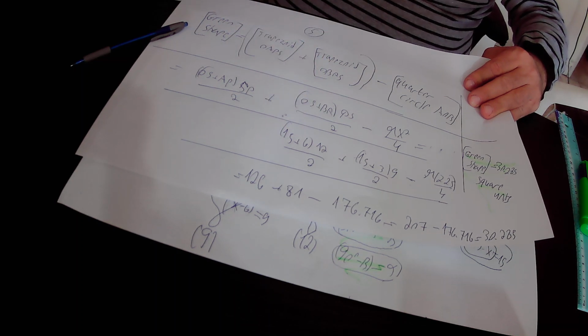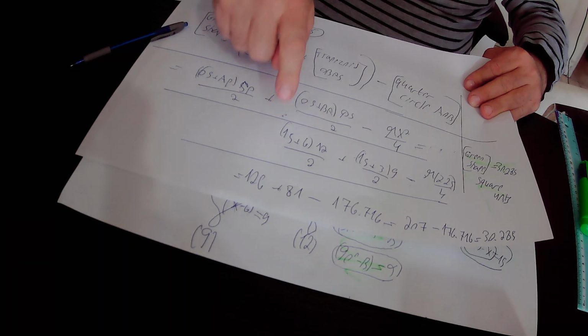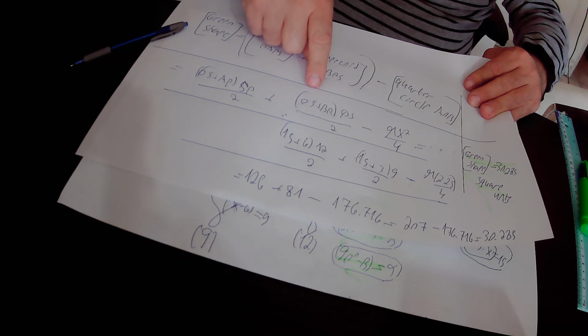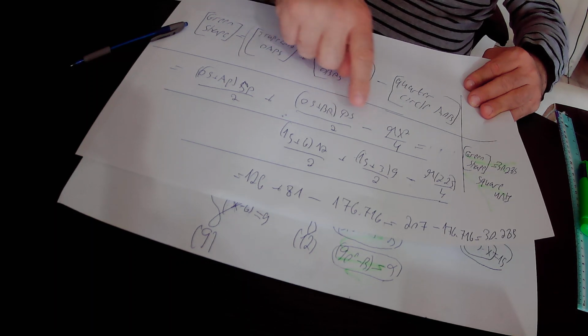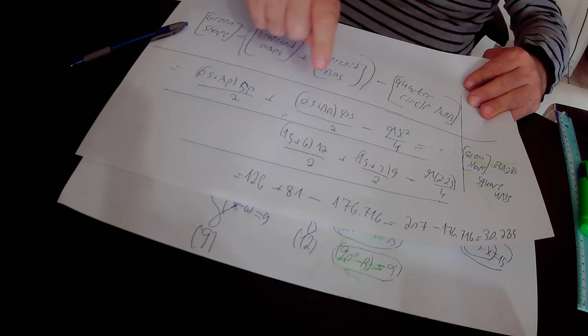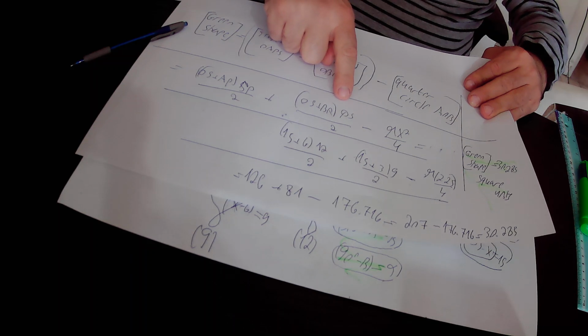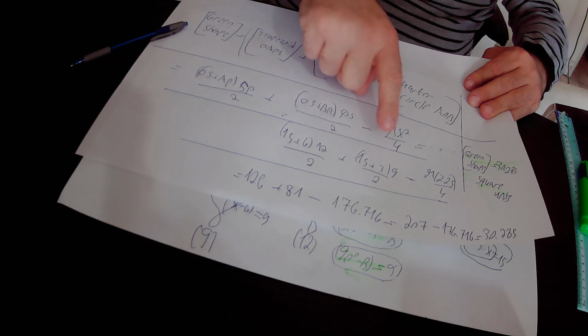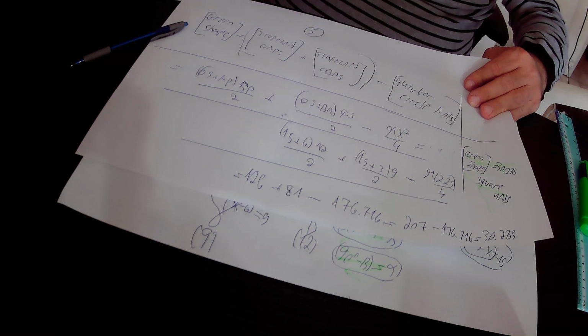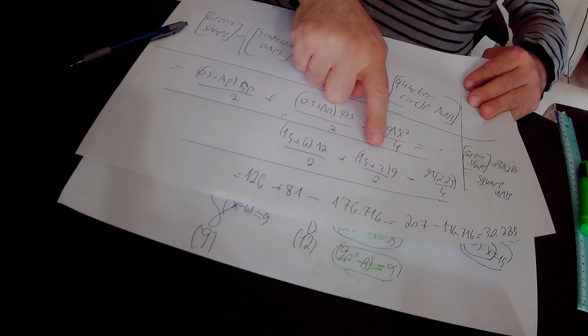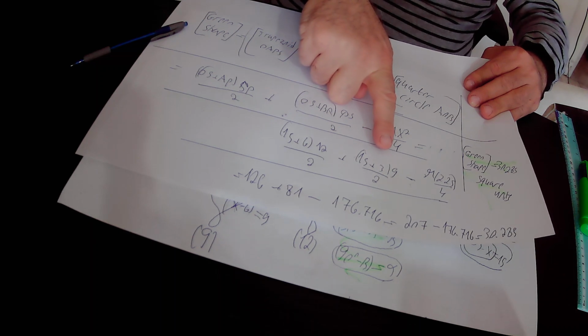So the area of trapezoid OAPS is 126, and the area of trapezoid OBQS: OS is 15, BQ is 3, the height QS is 9, divided by 2. 15 plus 3 is 18, 18 over 2 is 9, and 9 times 9 is 81.